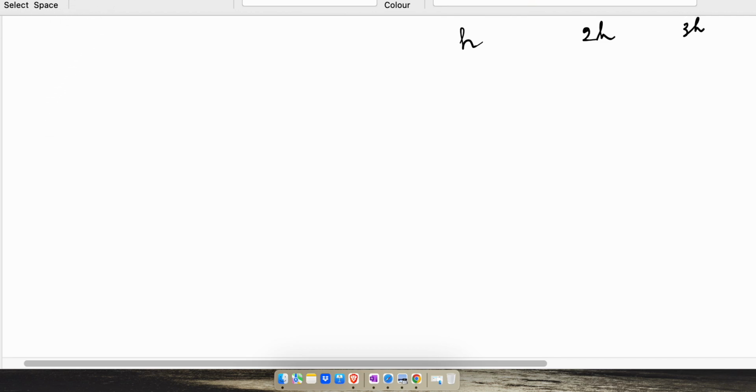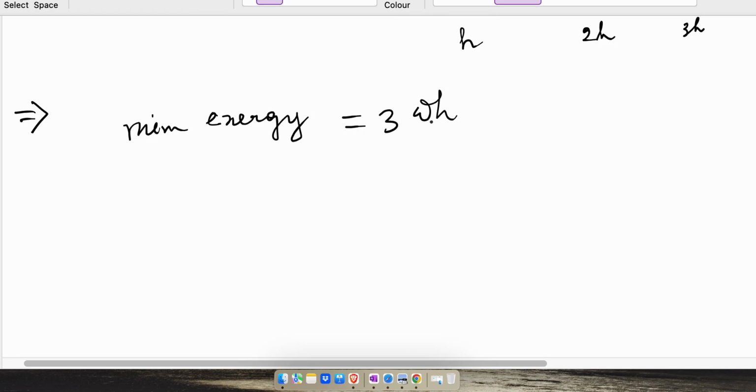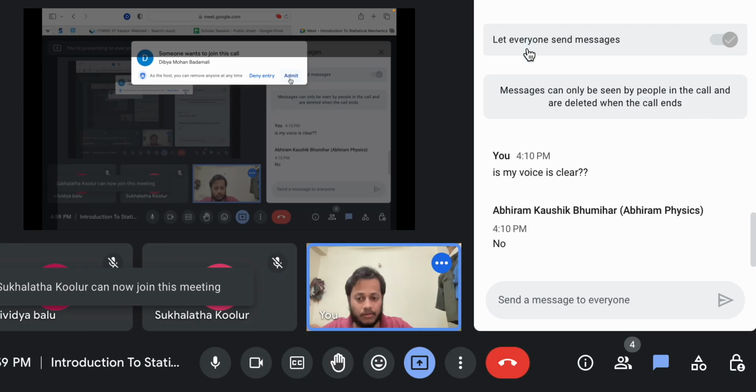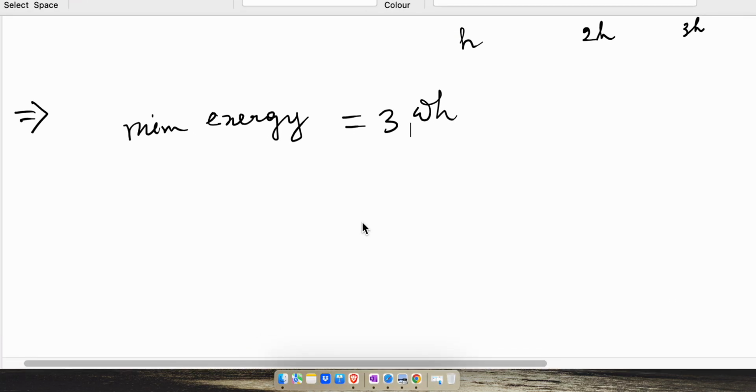Up to now, what we have argued is that the minimum energy in this system, with 3 staircases and 3 individuals, will be 3 omega h, since I put all 3 individuals there and there is no other way.